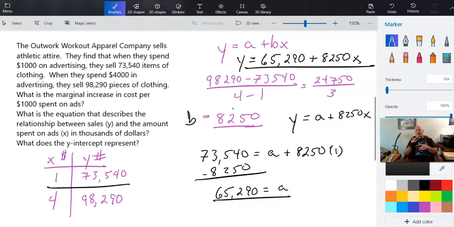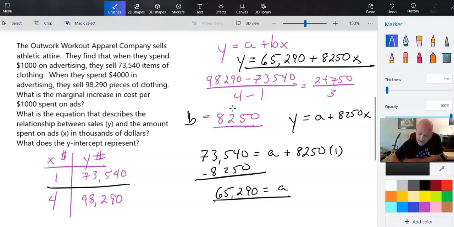Okay, so now the task is to decide what that y-intercept means. So we found the marginal change in sales per $1,000. We found what A is. It's 65,290. What does that mean? Basically, that is your y-intercept. And so what that's telling you is how many items of clothing will be sold if there is no advertising at all, right?